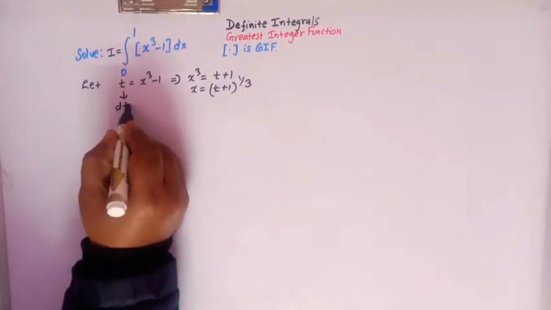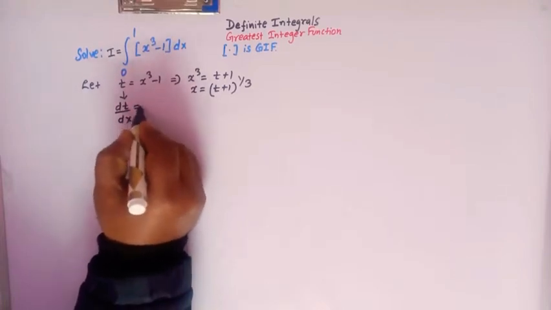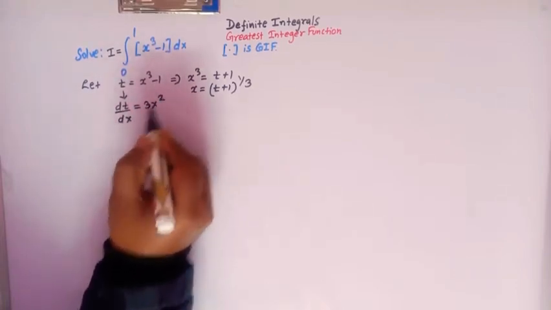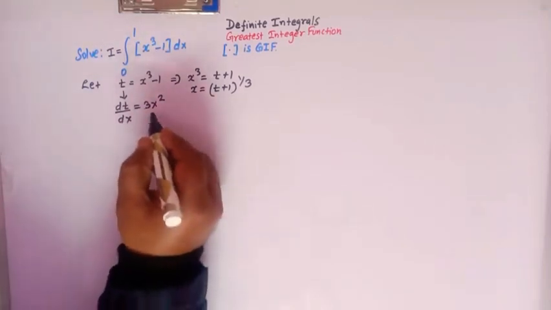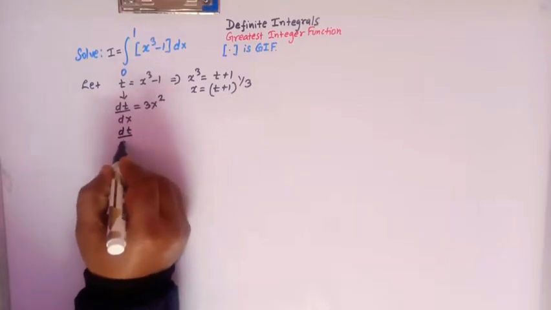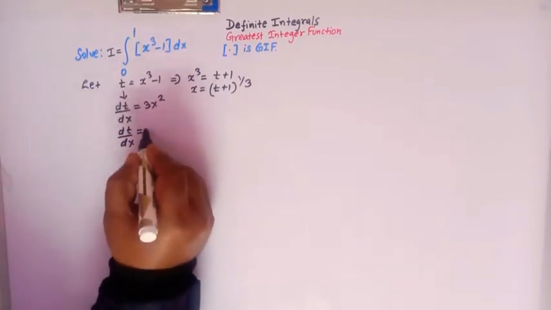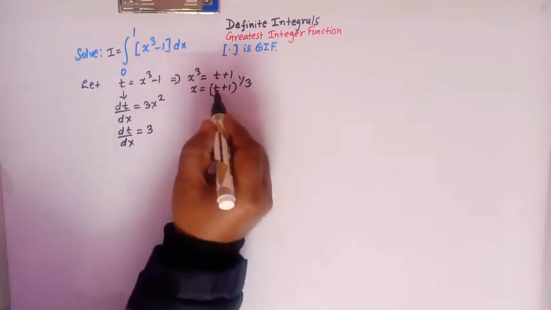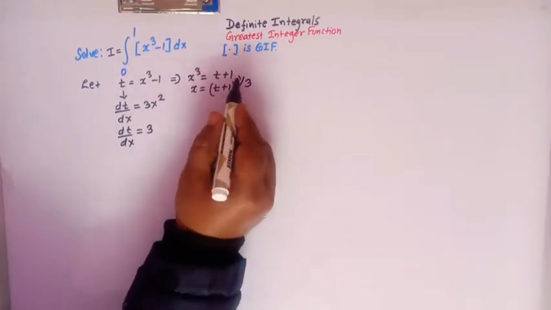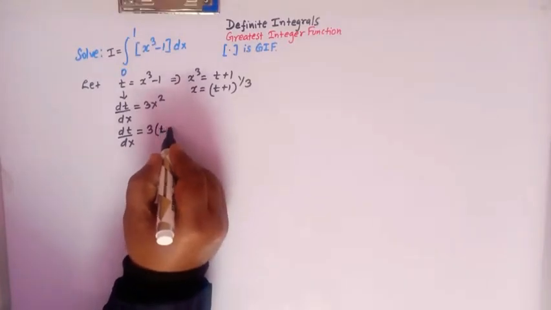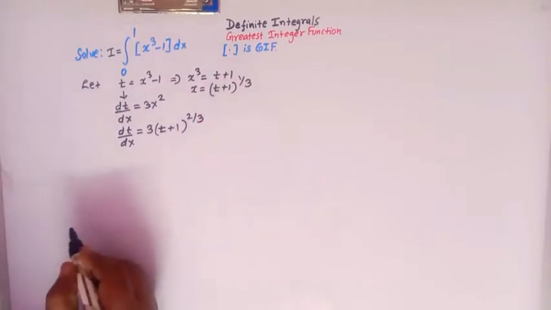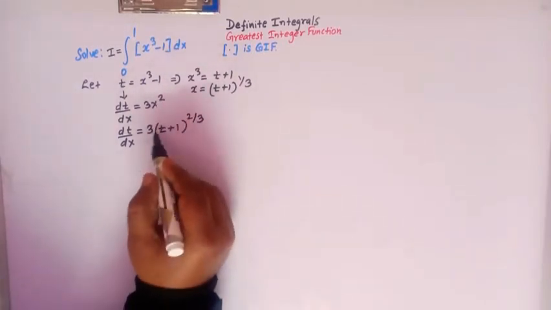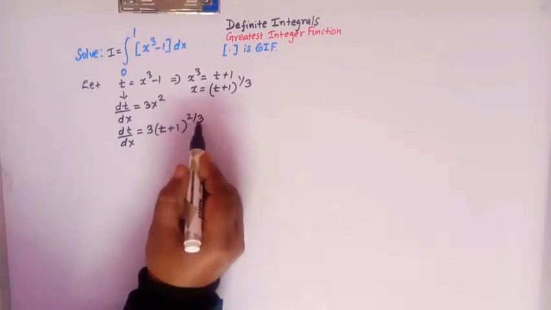So we have dt over dx is equal to 3x square, since the derivative of 1 is 0. Now we have dt over dx, and here we have x is equal to (t plus 1) raised to 1 over 3, so x square is equal to (t plus 1) raised to 2 over 3.